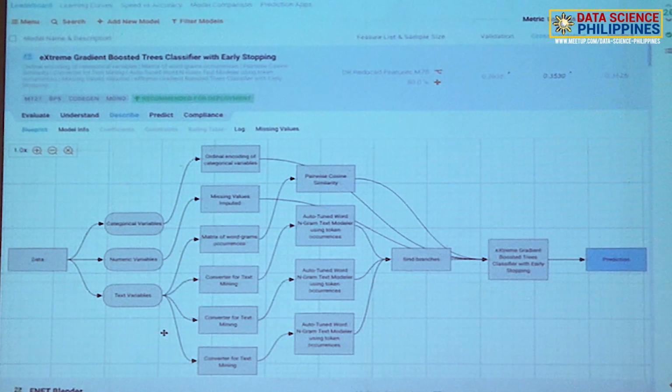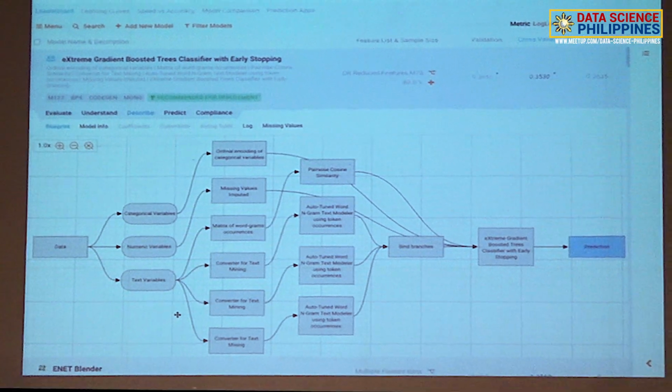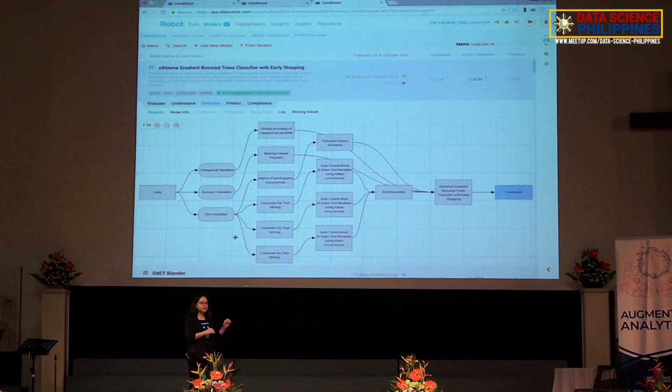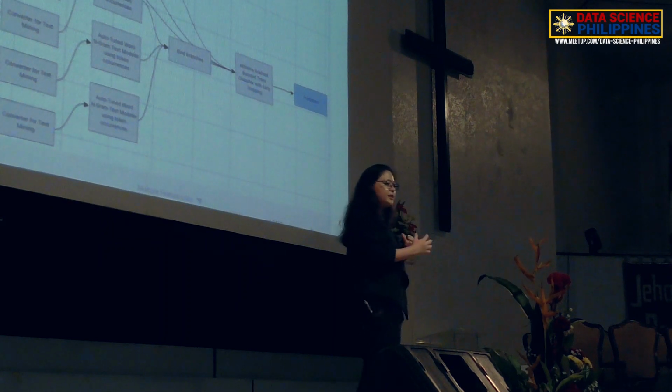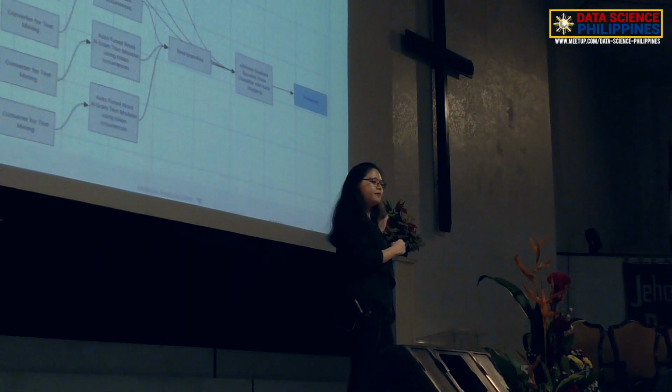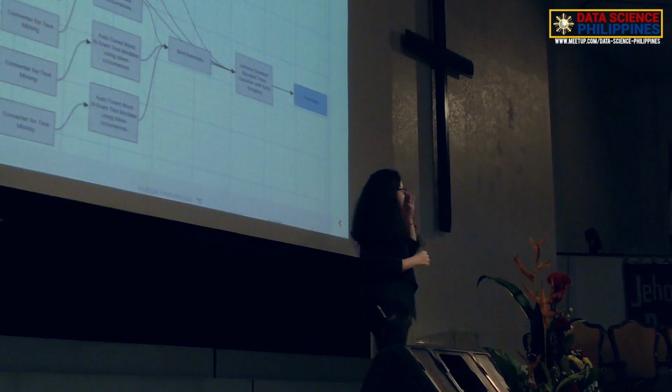For example, if there's a missing age because someone didn't fill it in, DataRobot will fill in the missing value using different approaches, such as mean or median, before we finally load it into the algorithm. The final algorithm, in this case, is XGBoost.